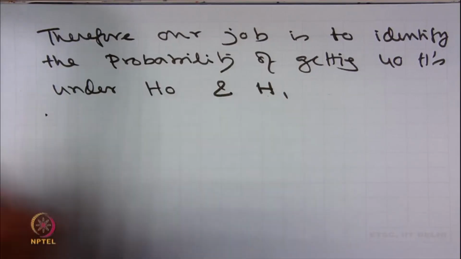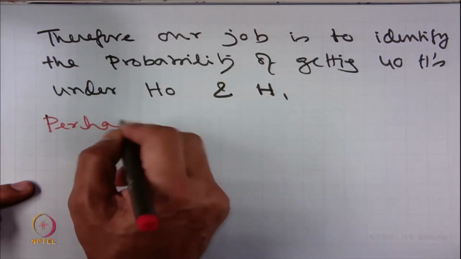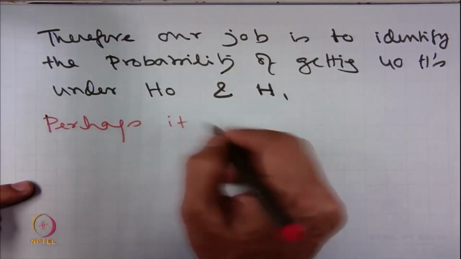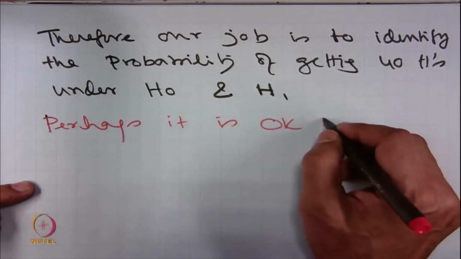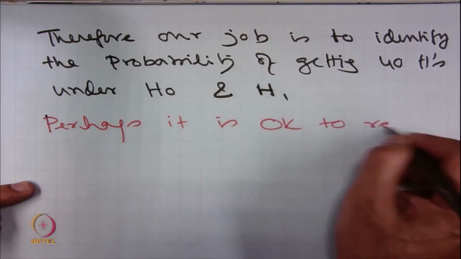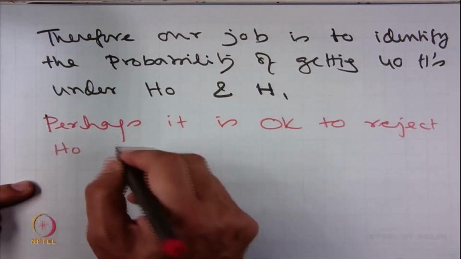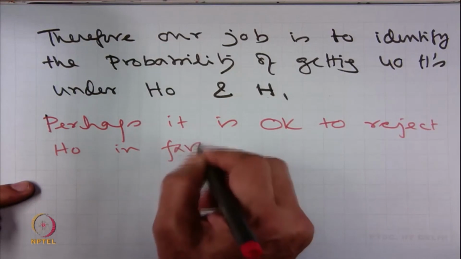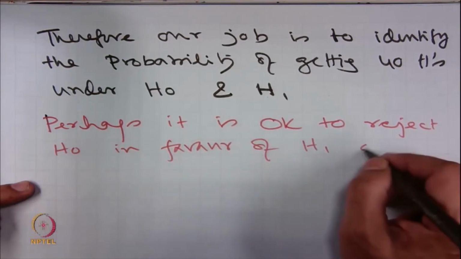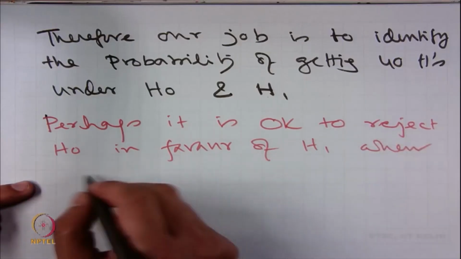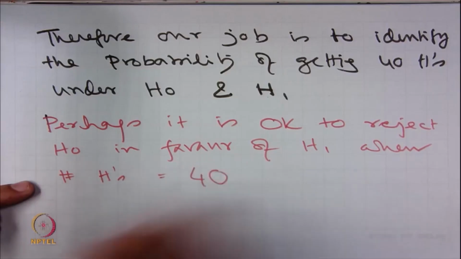Perhaps it is okay to reject H naught in favor of H 1 when the number of heads is 40.